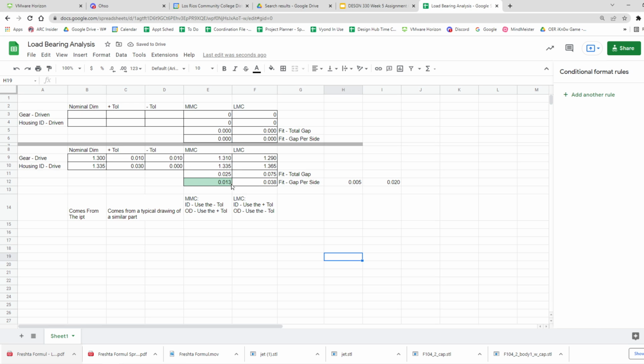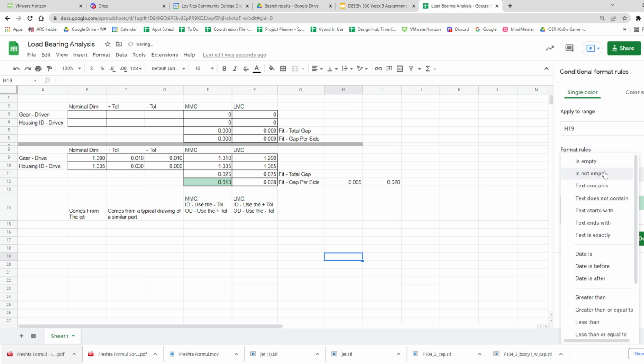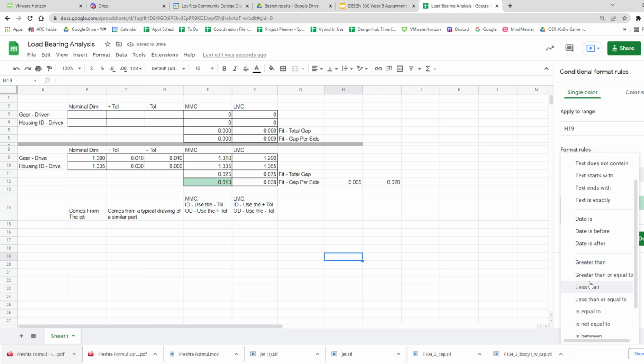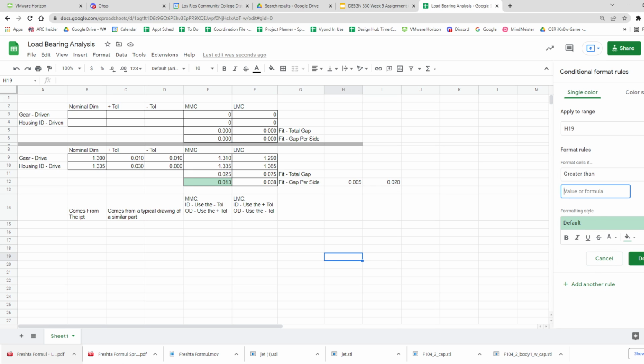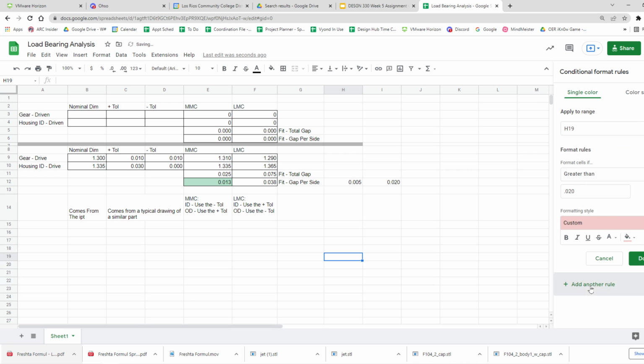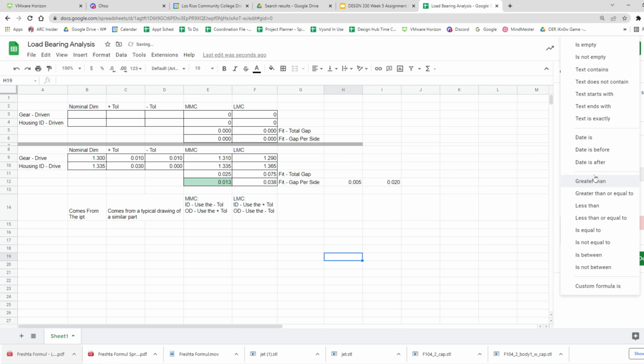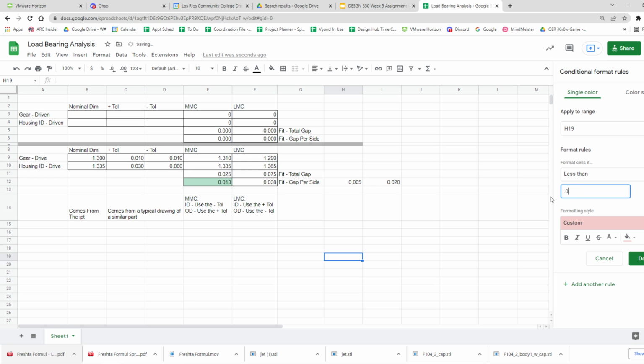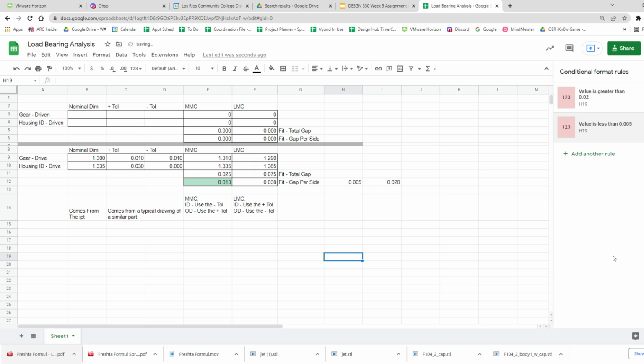I see only one of them is green. I can add another rule that says if that number is greater than 0.020, make it red. And I can even add another rule to say if it is less than 0.005, make it red.